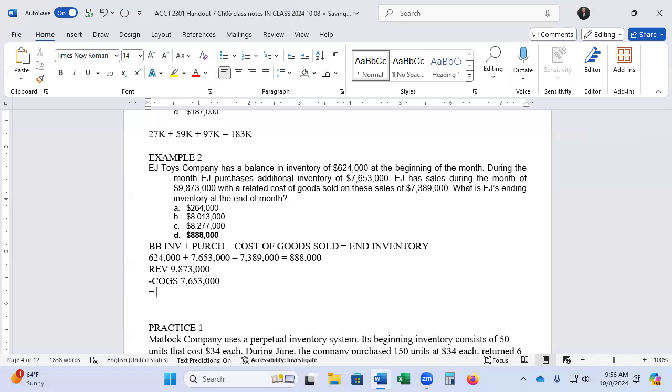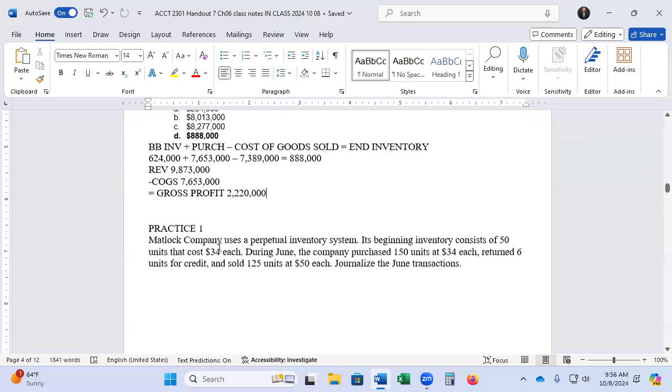What's the description? What do we call that from our income statement? Gross profit, right? And so now give me that number. Okay, 2,220,000. Now, I just wanted to remind you guys that when you have a sale of inventory, it's 2 entries.